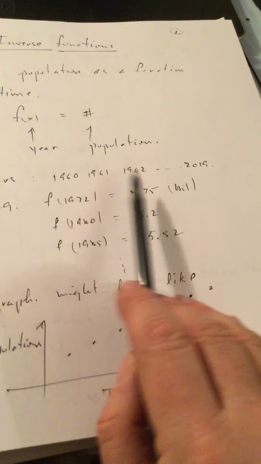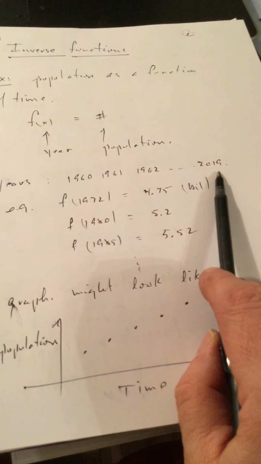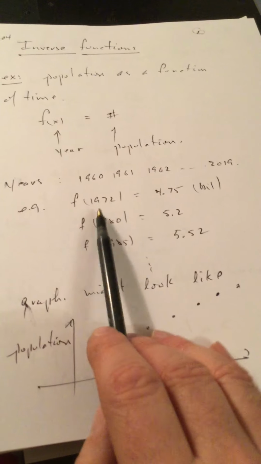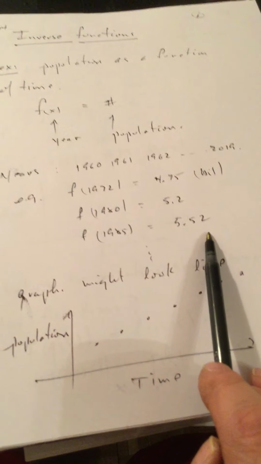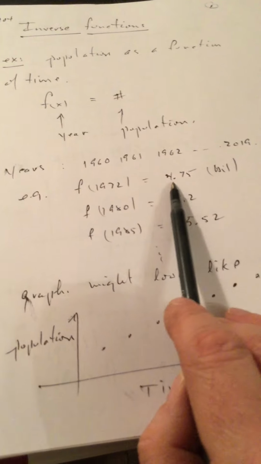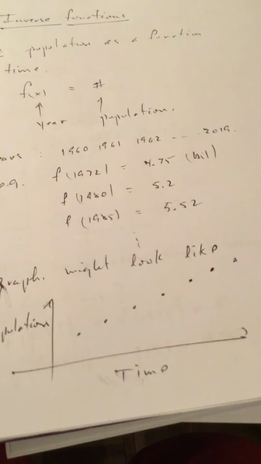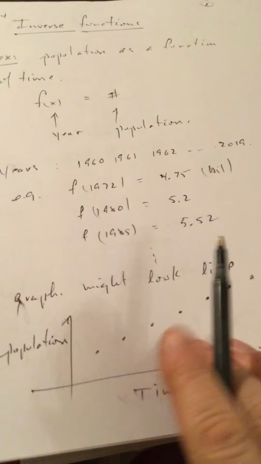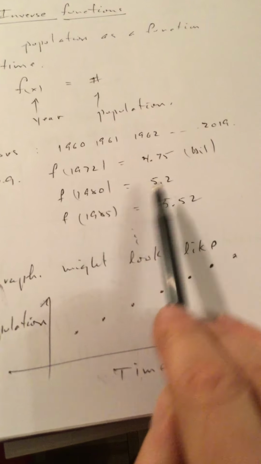So for example, we could take the years from 1960, 61, 62 up to 2019. And if we plug these years into the function, we're going to get numbers. So for example, f of 1972 is 4.75 billion, meaning the population of the world was 4.75 billion in the year 1972. Same thing for 1980, we get 5.2.